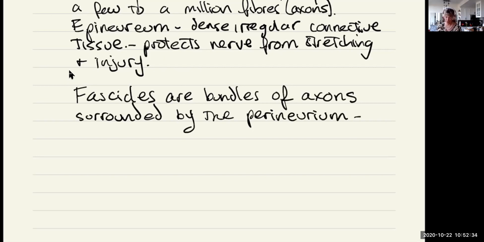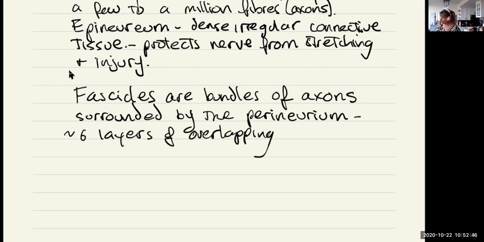But the perineurium is just squamous cells. So about 6 layers of overlapping squamous cells. So leaky enough and penetrable enough for oxygen and glucose to easily get to the neurons, the axons themselves.